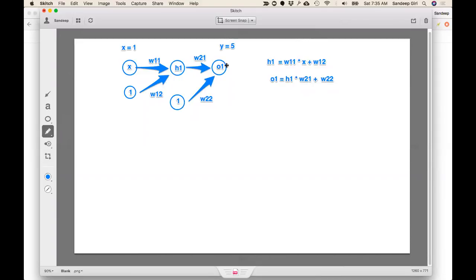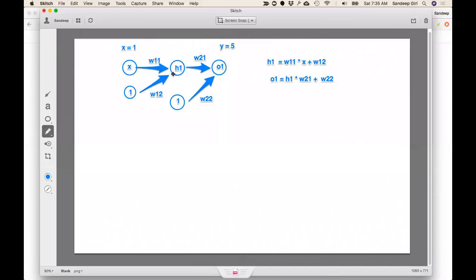So in the backpropagation mechanism, we start with some random values of W, compute H1, then we compute O1. That's called the forward pass, whereby we compute these values. O1 will depend on H1 and 1, and we will assume these values.